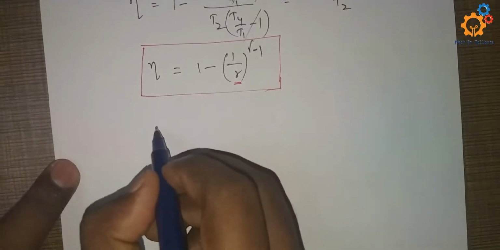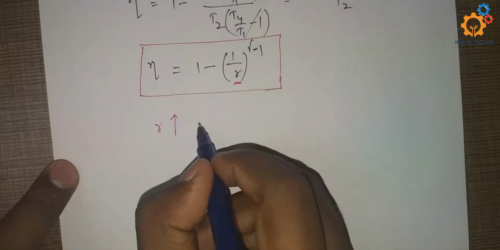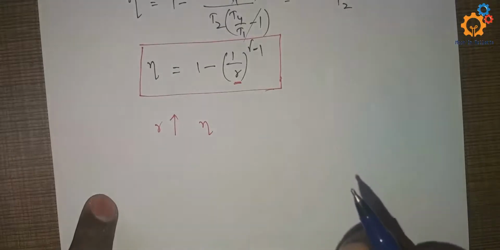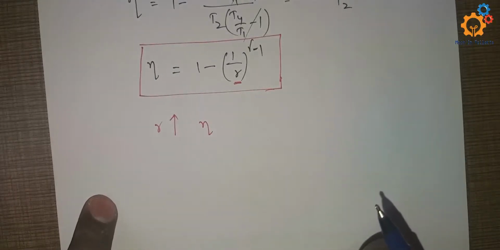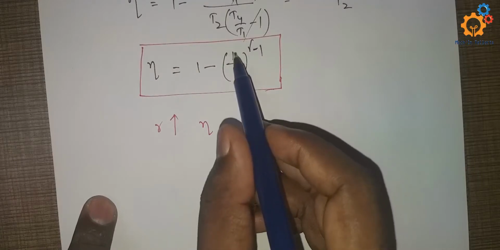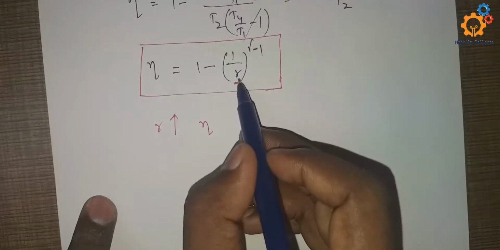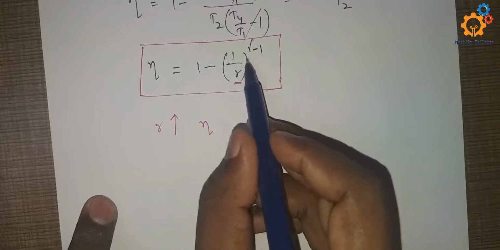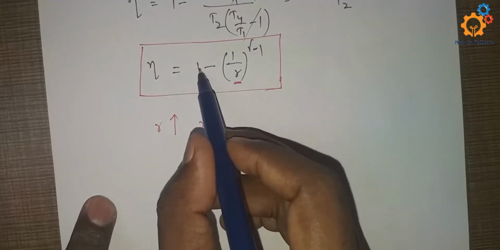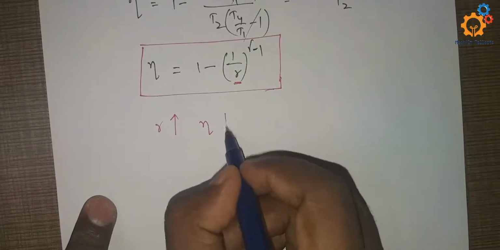What happens if compression ratio R increases? What happens to efficiency? Is it decreasing or increasing? When this R is increased, the 1 by R fraction will decrease. When a smaller number is subtracted from 1, you will get a bigger number, right? So efficiency will increase.